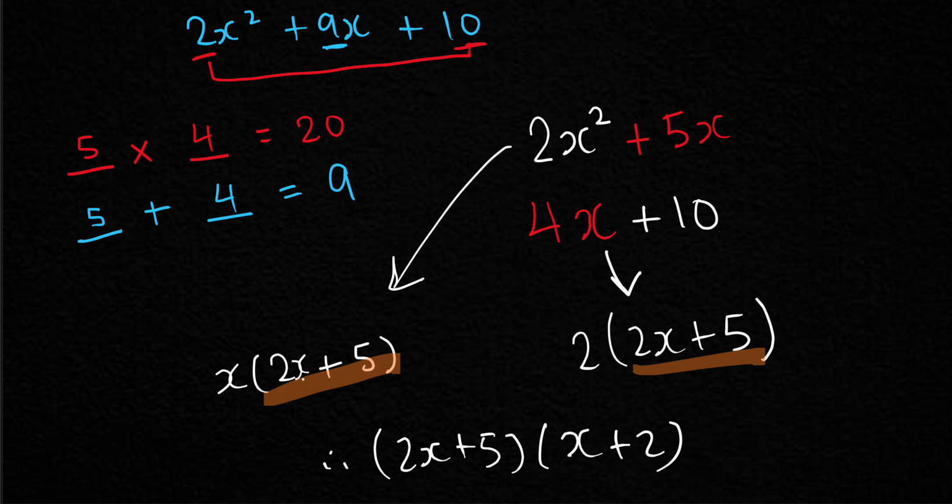Then we take each equation and we factor it, and note that when you do factor it, the two brackets formed must also be the same, and that will be the 2x plus 5, and then the remaining digits form the second bracket. Now note, if you did this saying 4 times 5 instead of 5 times 4, that will also work. That's going to give you the same answer.